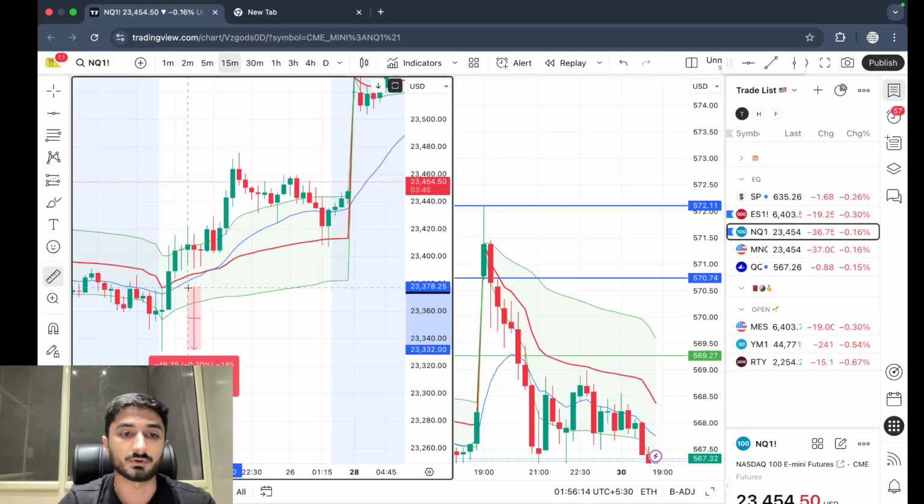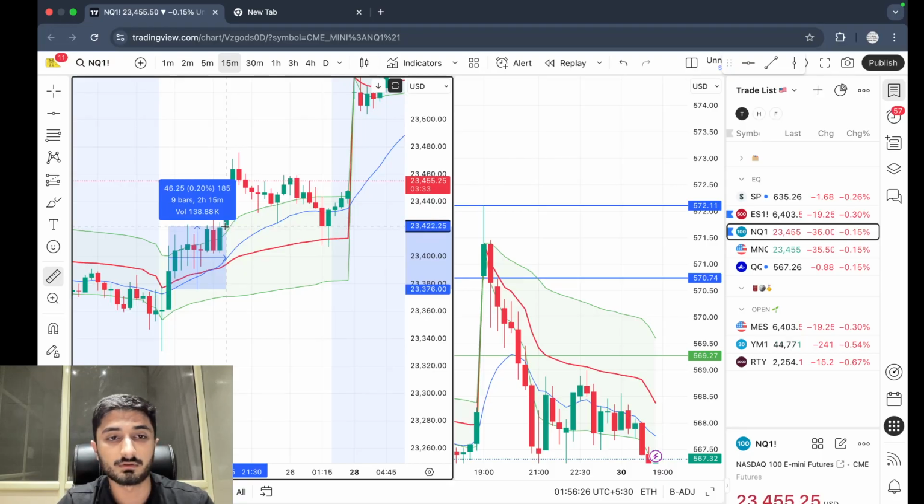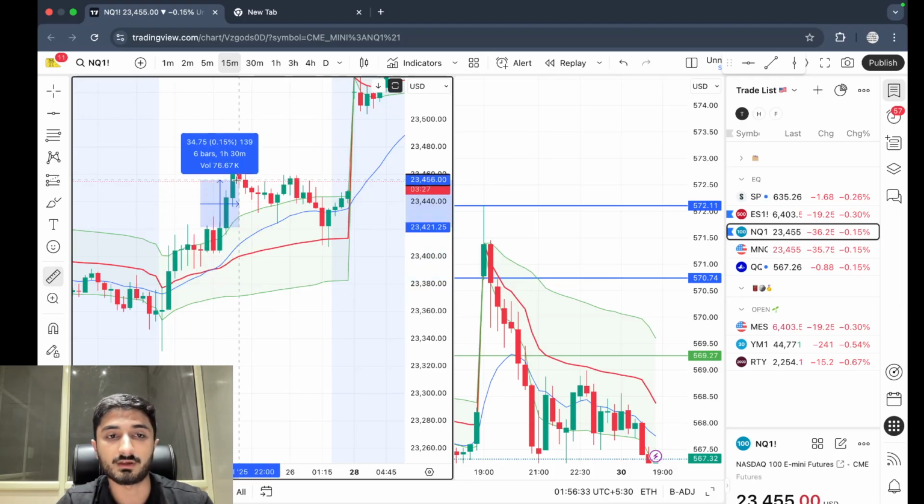I'm going to give you a normal example. As you can see, 46 points of stop after the breakout, and you take 46 points as your 1R. But if you hold half the quantity, you would have gotten an extra 46 points.